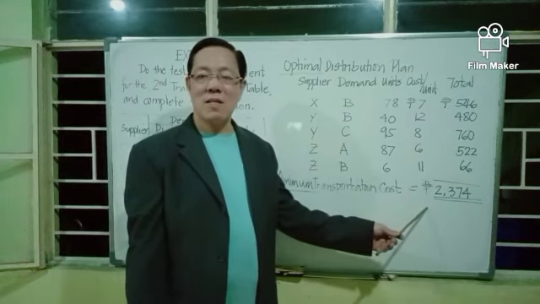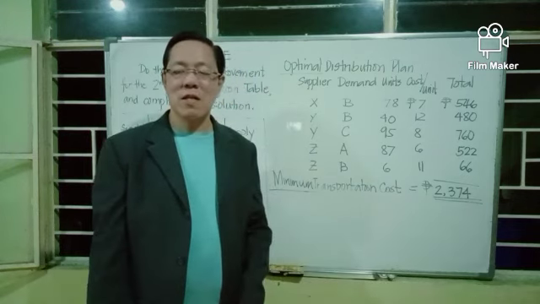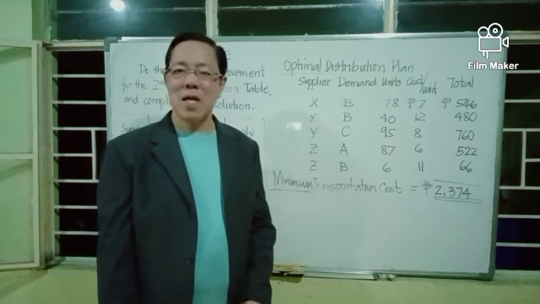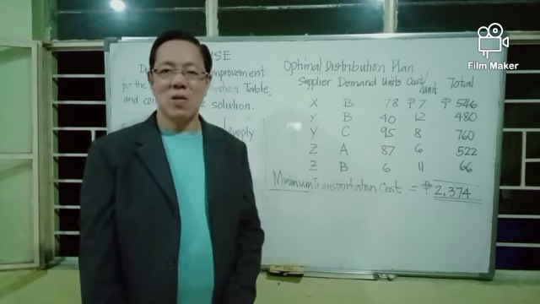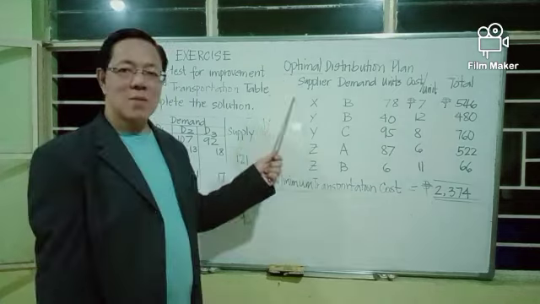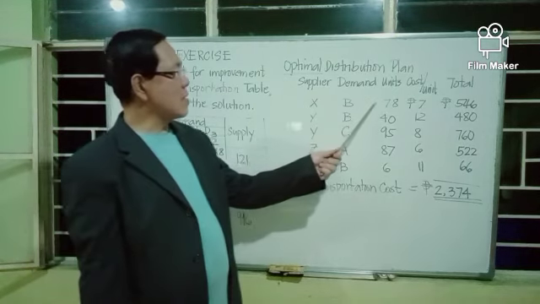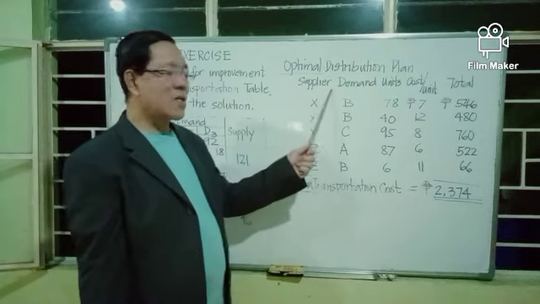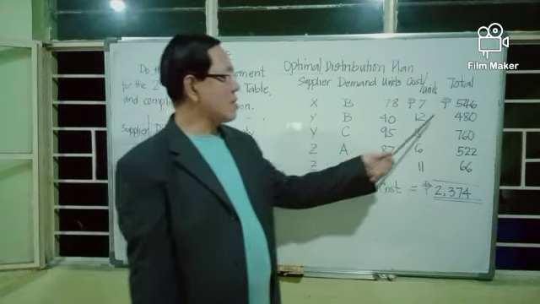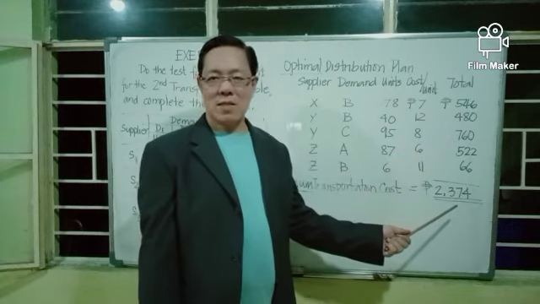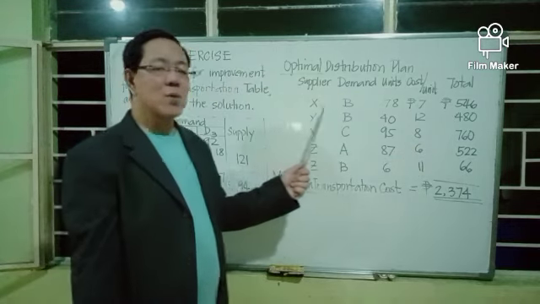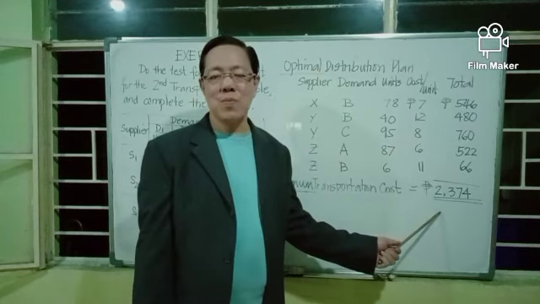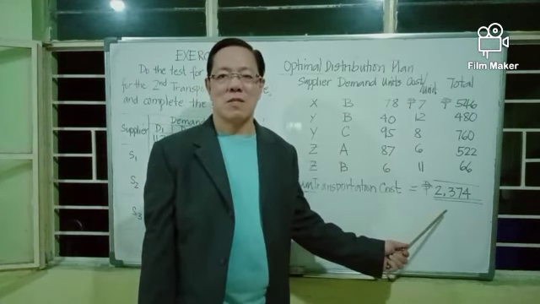And we declare that this is the minimum transportation cost because in the last test for improvement, we obtained all positive net cell costs. And in the optimal distribution plan, these are the supplies to be obtained from these suppliers to be distributed to these customers. And these are the corresponding transportation costs from supplier to customer. And the total of the last column is the minimum transportation cost.